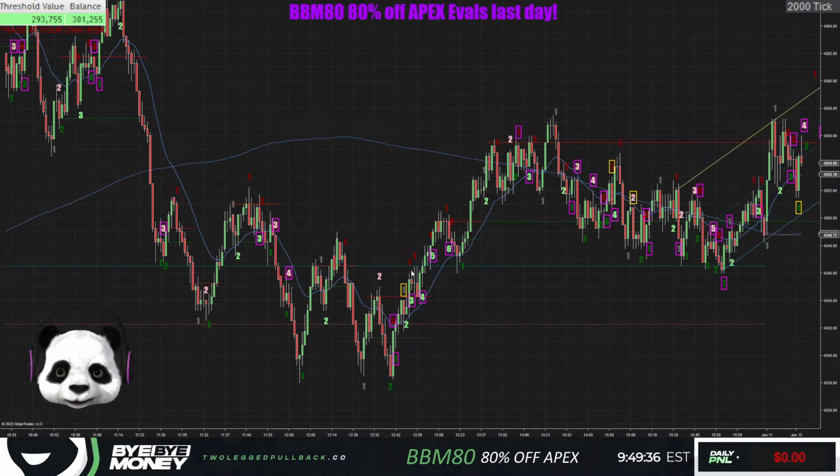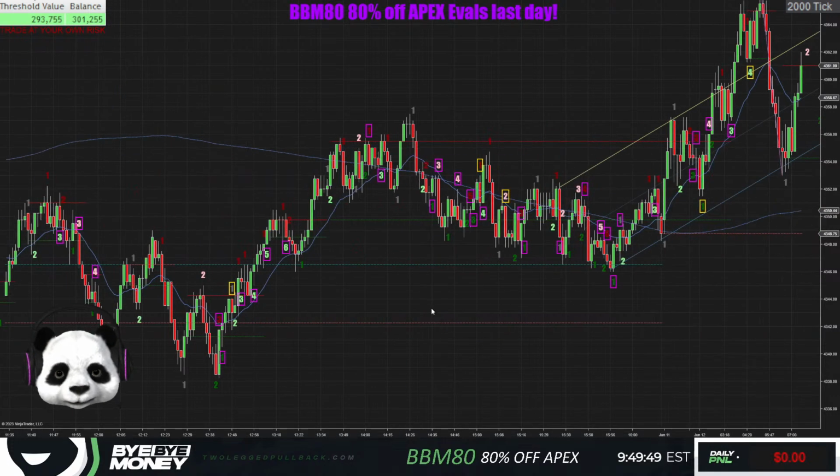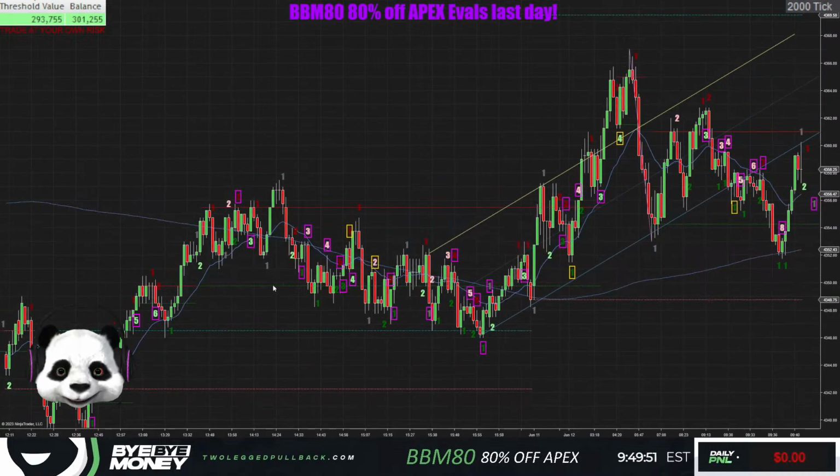Maybe this trap was good. This trap was okay with a triple test down here. Trap might be a decent setup here to get a nice swing up, but other than that, very hard. Like, you cannot trade any of this here.